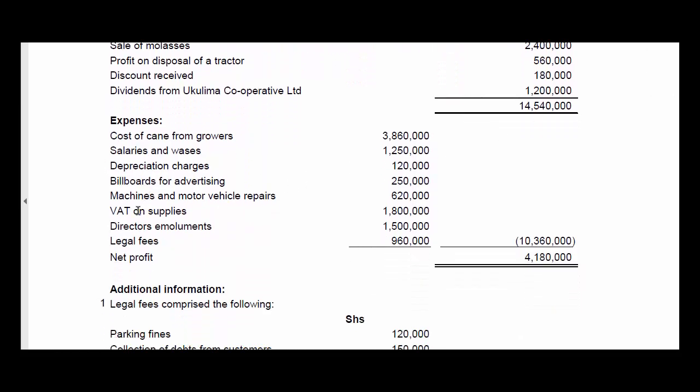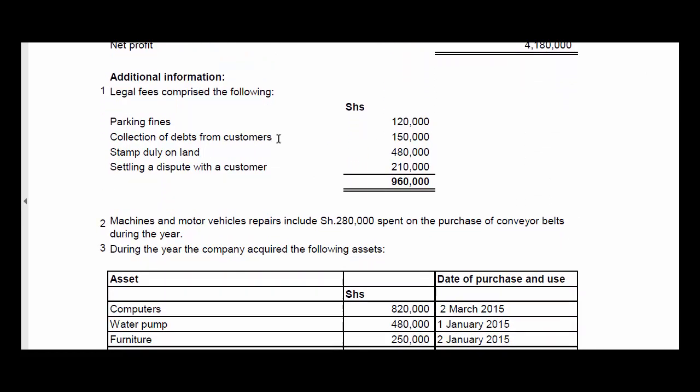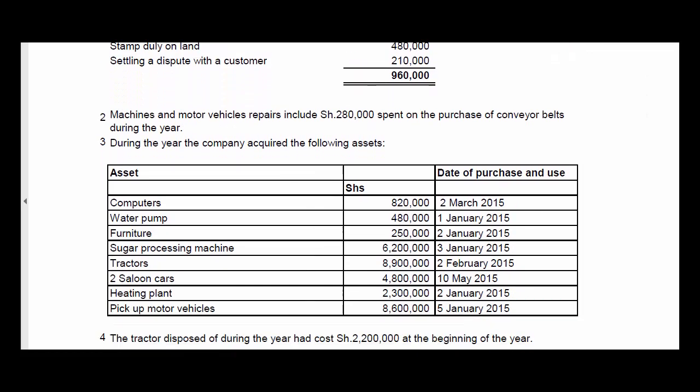And expenses, do we have anything that has to do with the manufacturing capacity? There is nothing. So let's go and look at the notes. Note number 1 is on legal fees, nothing there. Note number 2, motor vehicles, again nothing there to do with the productive capacity.